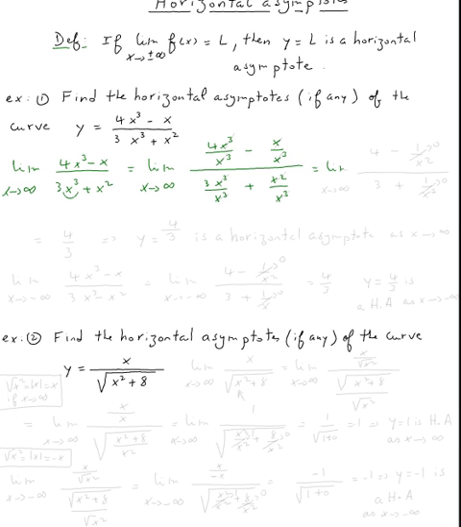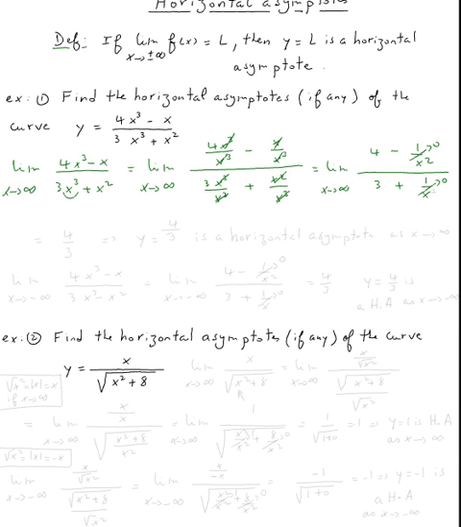This is equal to the limit as x approaches infinity. We know x is not 0, so we can simplify. X is large, it approaches infinity. Simplify these two, you get 4. Simplify x with x cubed, you get minus 1 over x squared. Simplify x cubed with x cubed, you get 3. Simplify x squared with x cubed, you get 1 over x. Now we know that this approaches 0 and this one approaches 0.